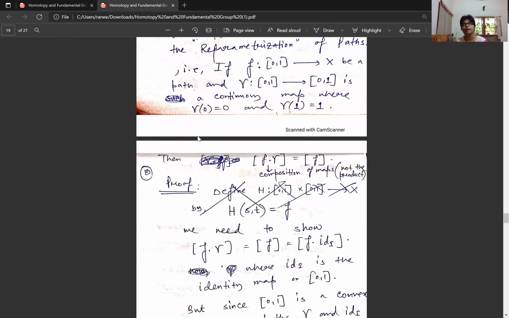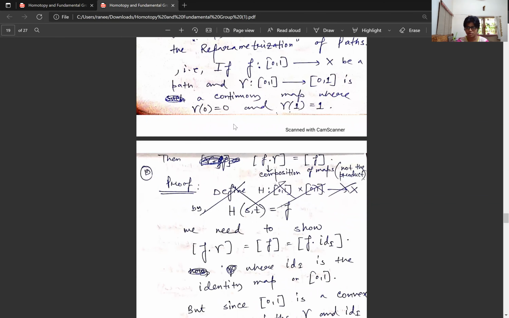I had also given an intuitive idea of what reparametrization does. It is a kind of sliding of the path: if I have a path starting from one point and ending at another point, reparametrization slides the path so that it starts from a different point and ends at a different point.